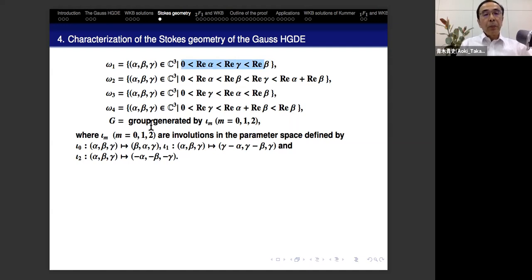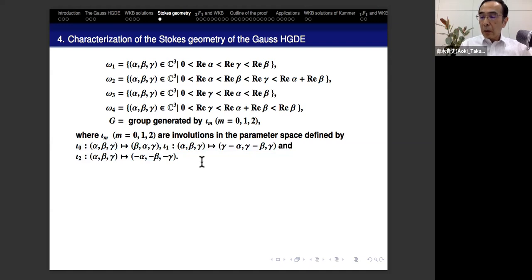And next, we take a group G generated by involutions tau m, defined by this one. Those involutions are classical symmetries of the hypergeometric equation.